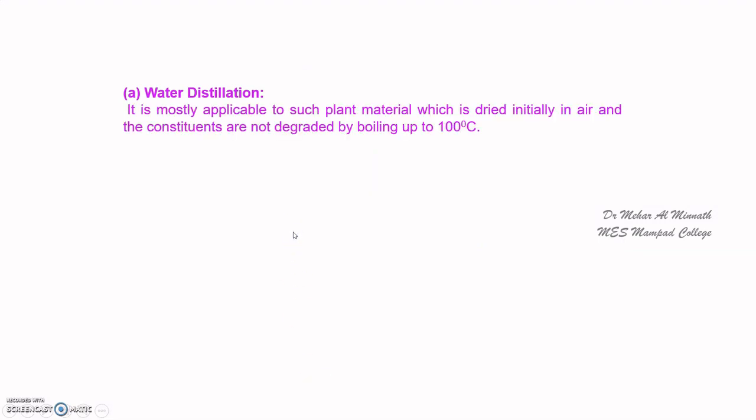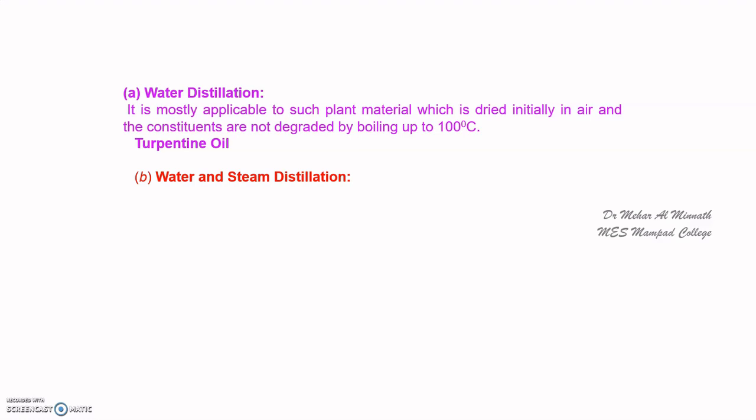So if we just brief what we have discussed, the water distillation method is most applicable to such plant materials which are dried initially in air and the constituents of which are not degraded by boiling even up to 100 degrees centigrade. Turpentine oil is an example which can be extracted by this method. The essential oil from turpentine can be extracted by water distillation.